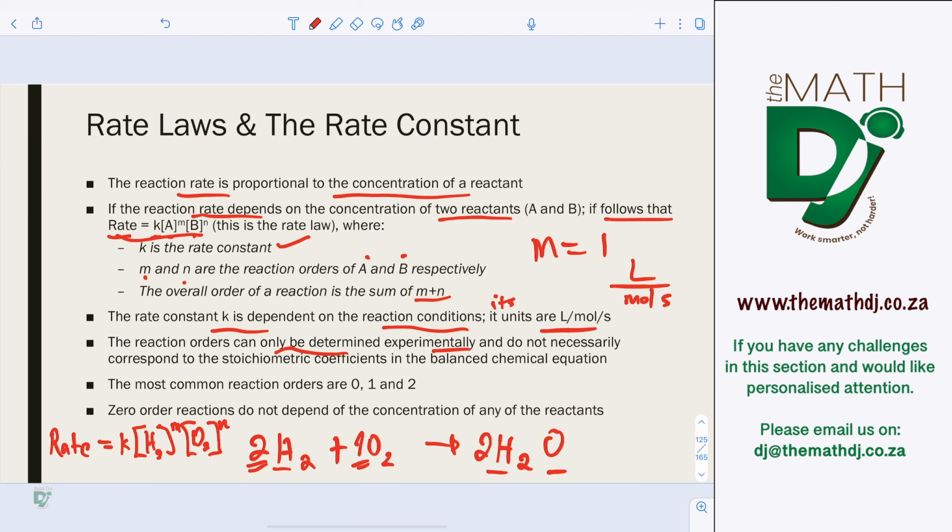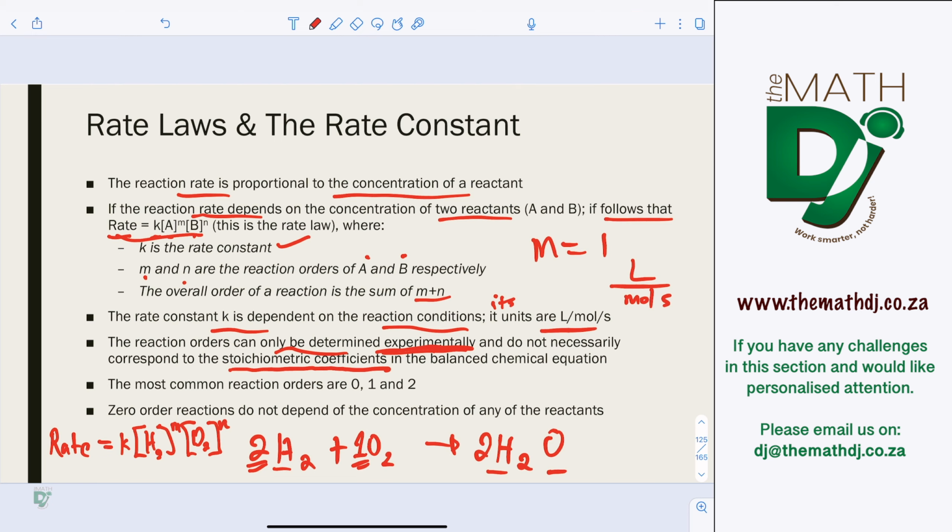In this case it's a 1. That's why they do not correspond to the stoichiometric coefficients. These ones are calculated experimentally. So it means you will be given the reaction orders in the rate law equations.